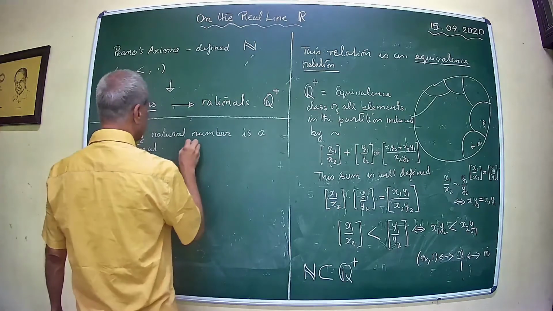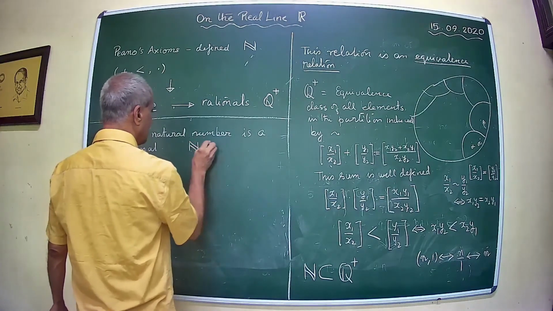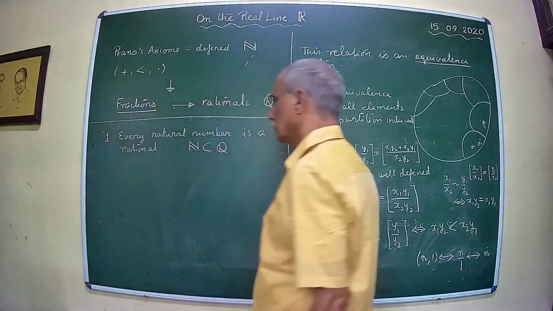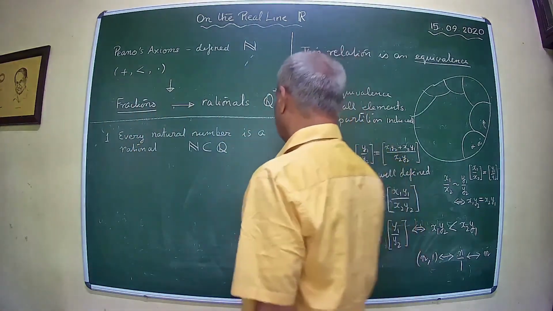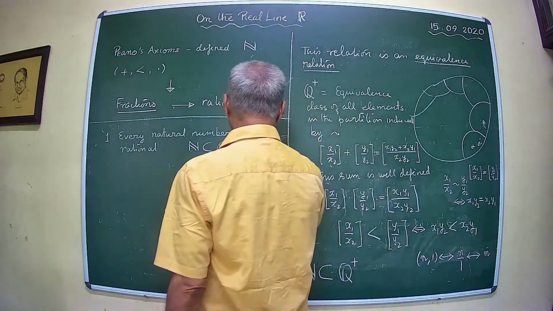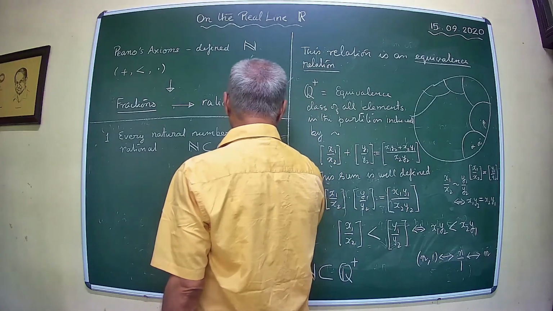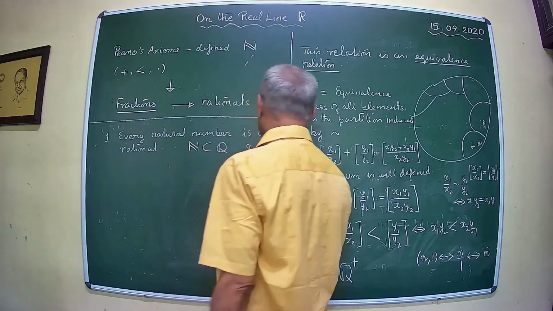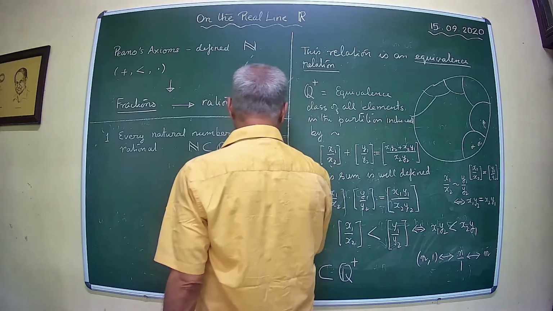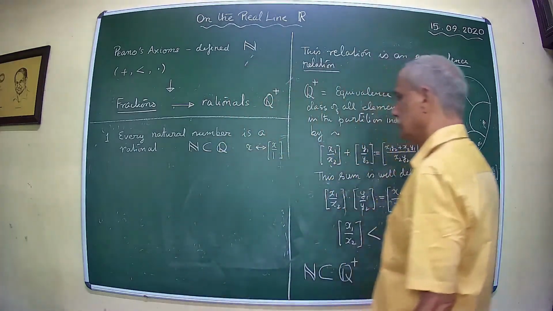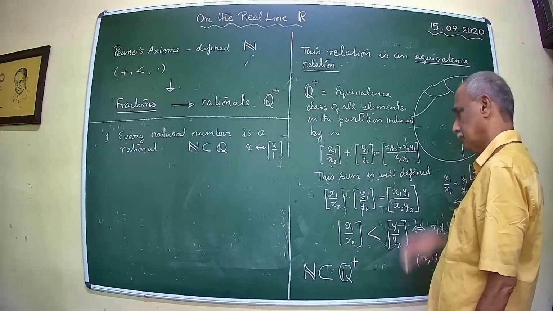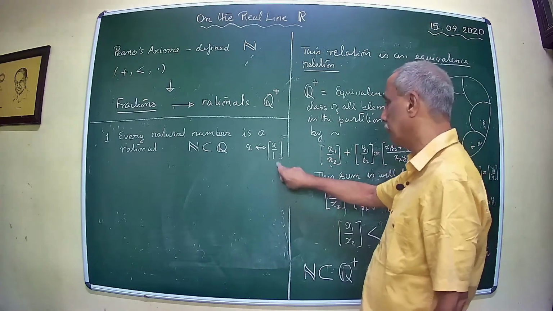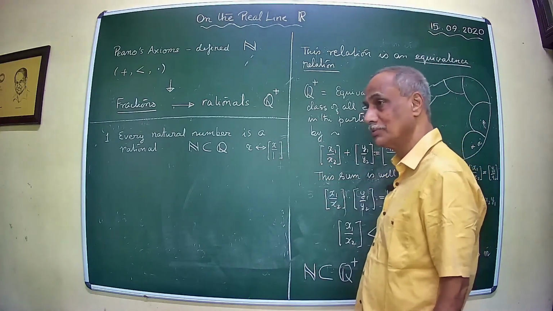That means x is identified with this fraction. This includes 2x by 2, kx by k also.